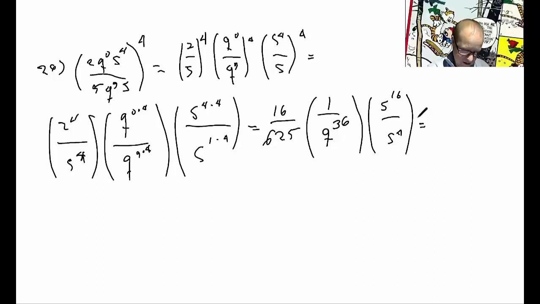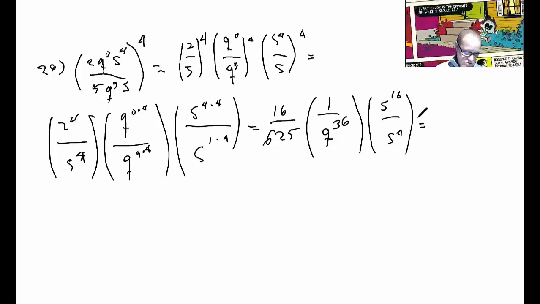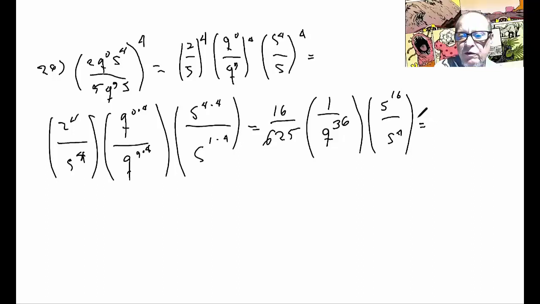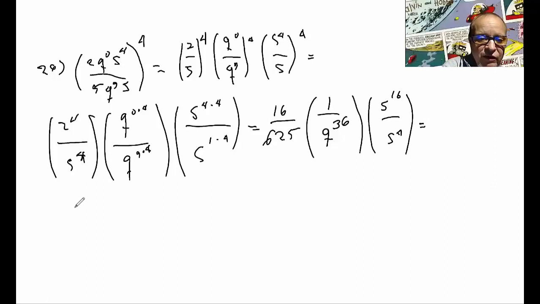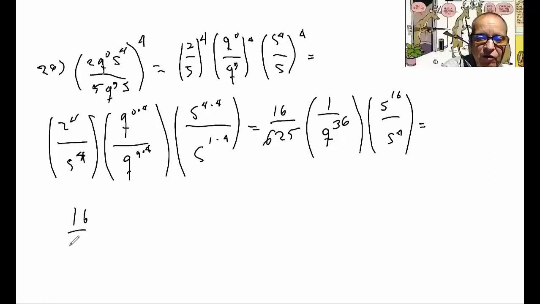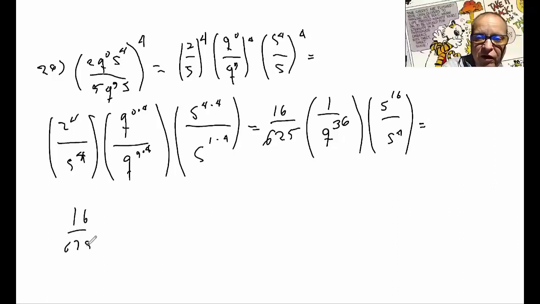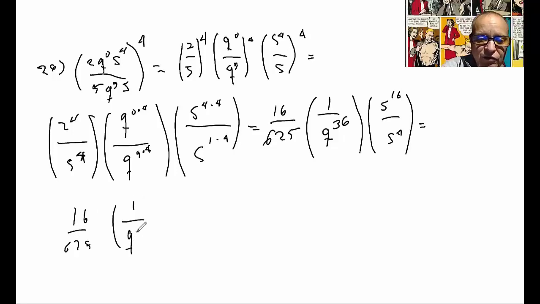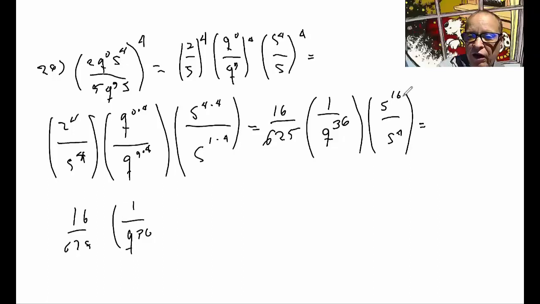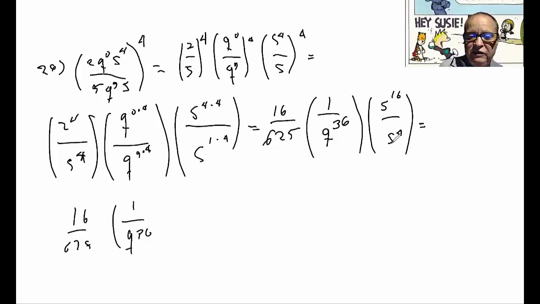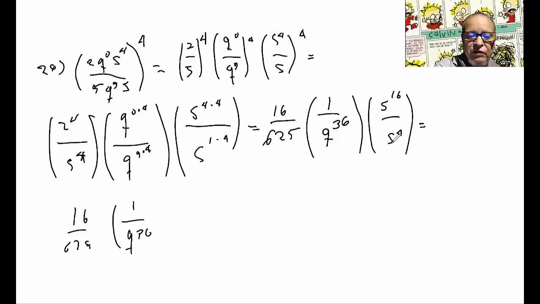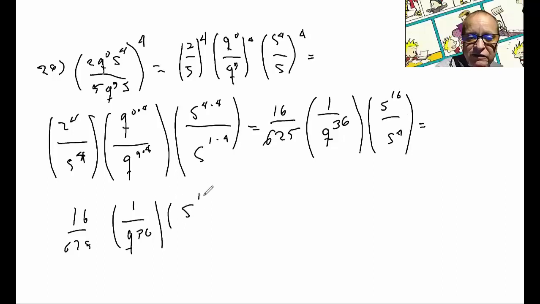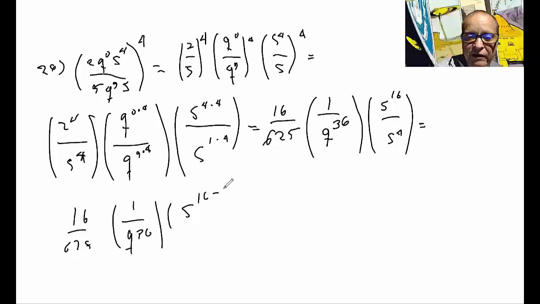And then I worked it out further, so I have my 16 over my 625, and then I have my 1 over q to the 36, and here I have s to the 16 over s to the 4, so that's going to be s to the 16 minus 4.